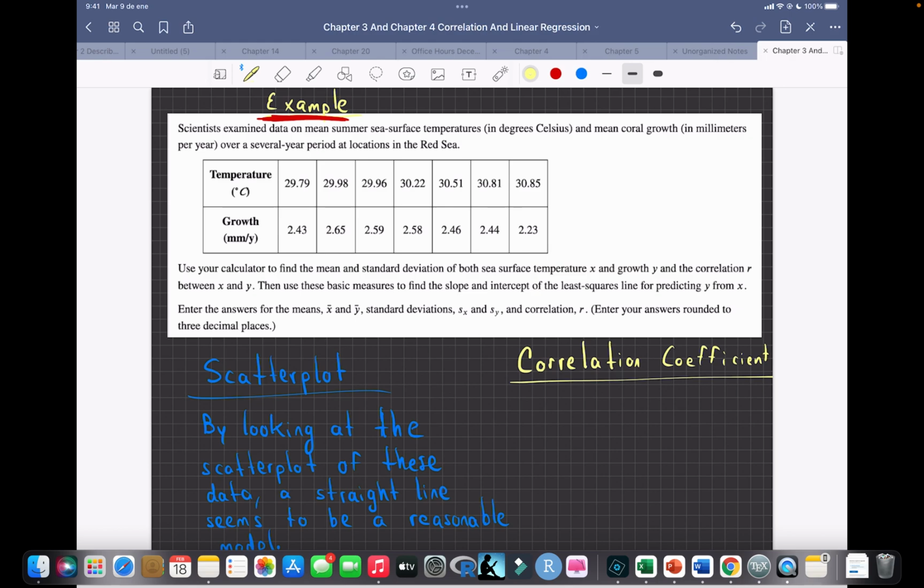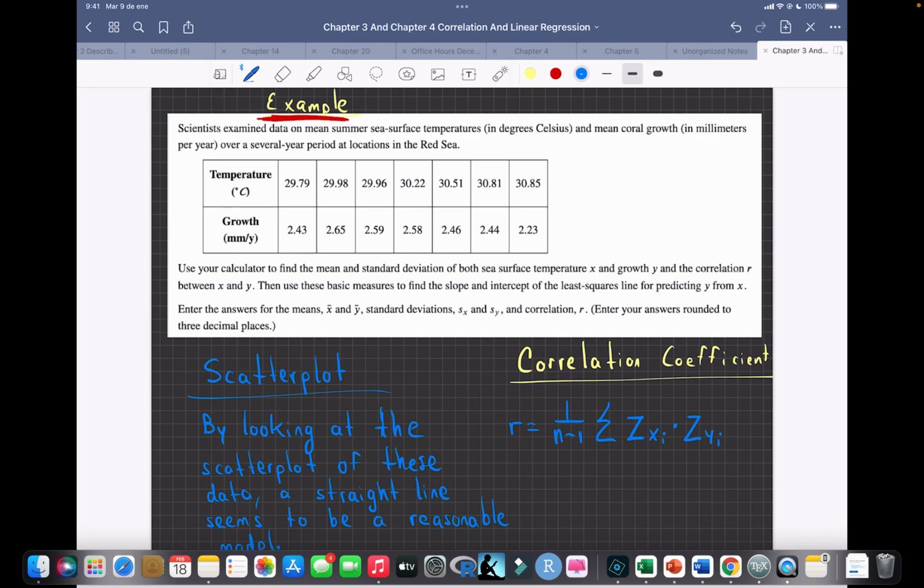The correlation coefficient is defined in the following way: R equals 1 over n minus 1 times the sum of Cxi times Cyi.